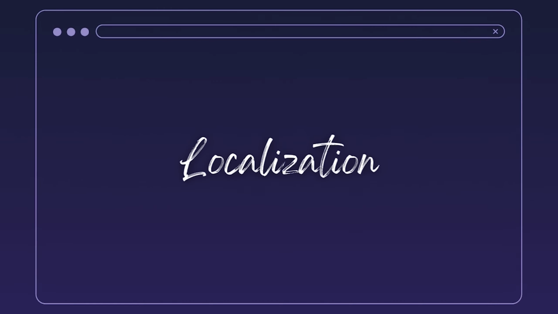Localization. Localization is the process of adapting an existing or even a new application to the local language and culture of the target market. Let me give an example. In the UK, they use kilograms for weight measurements, and then in the US, they use pounds.